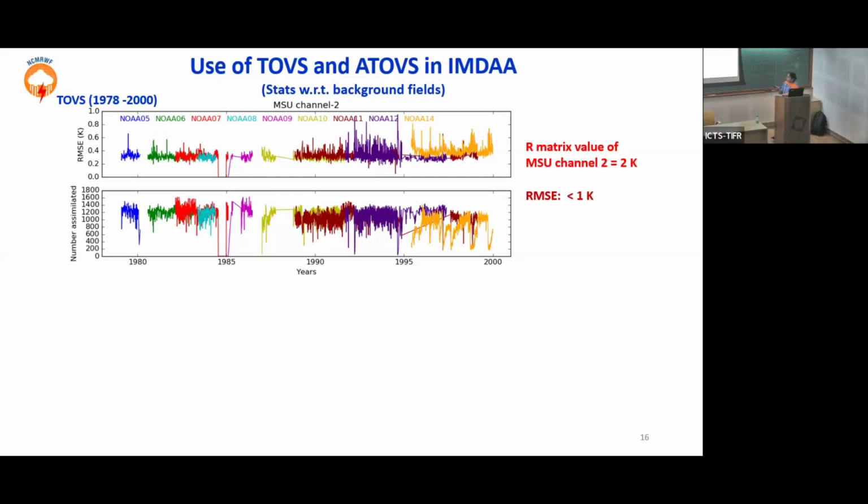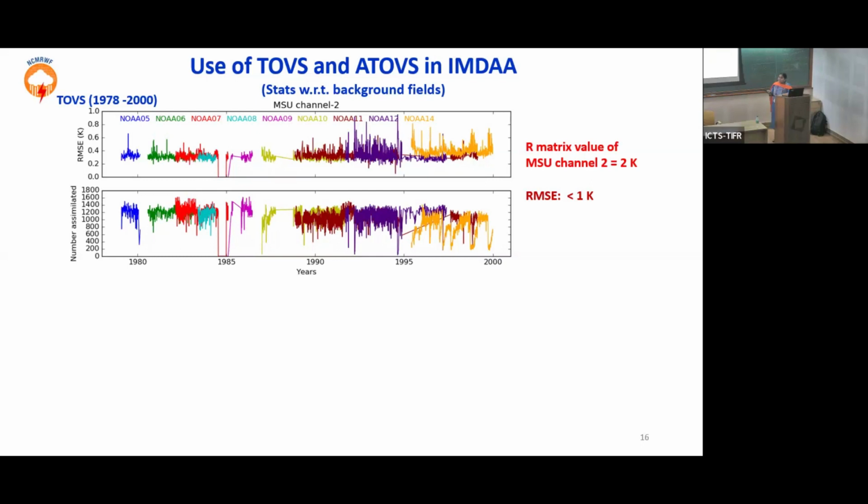In the ATOVS we have AMSU-A and AMSU-B, the advanced microwave sounding units, but in TOVS it was only the MSU, the microwave sounding unit. This is for a particular channel, channel 2. We have the MSU channel from NOAA 5, 6, 7, 8, 9, 10, 11, 12, 13, 14. Up to these, from 5 to 14, are the TOVS group.